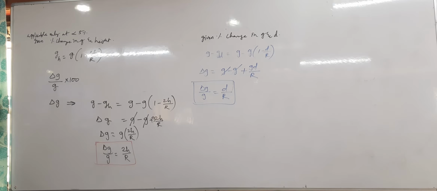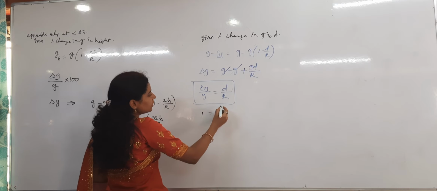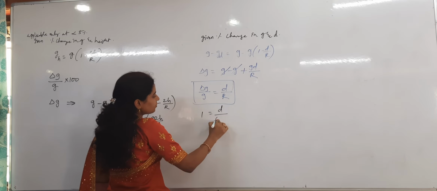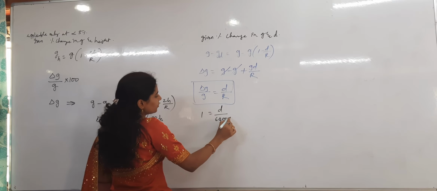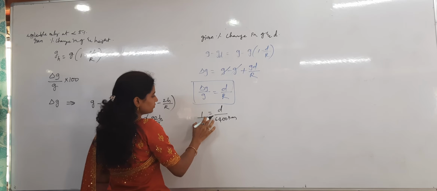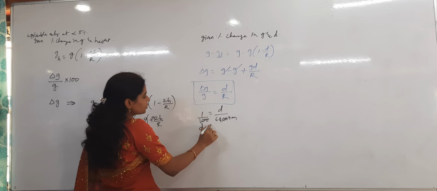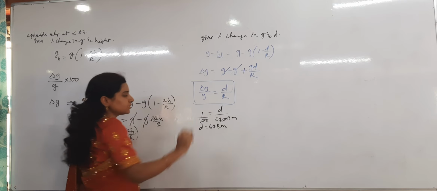Clear? 64 kilometers is the answer. Nothing else is there here. Delta G by G is how much they have given? 1%. D is how much you have to find out. R is how much? 6400 kilometers. Then this is 1 by 100, no? Then 100 gets cancelled. Then D is equal to how much you will get? 64 kilometers. That's it.